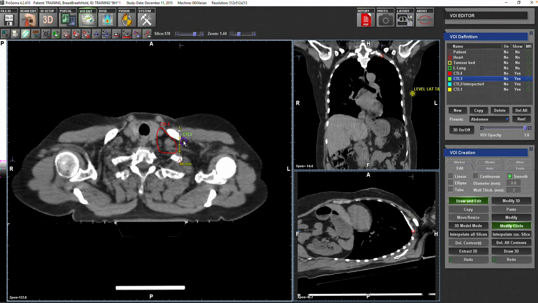So I will start my CTL3 to cover anterior and posterior to the vessel.